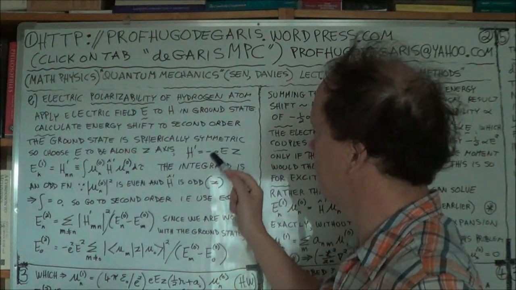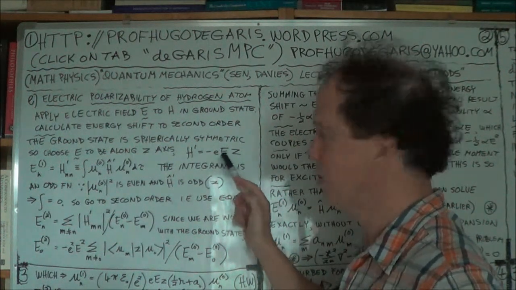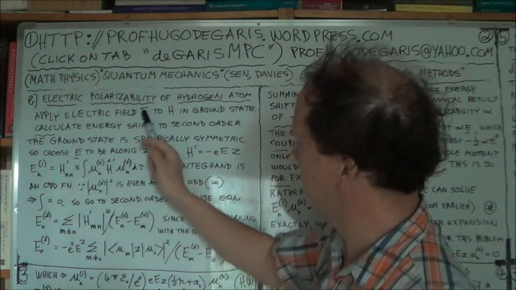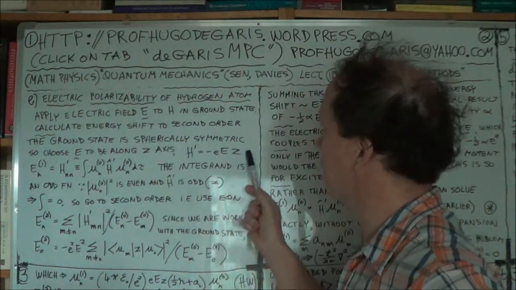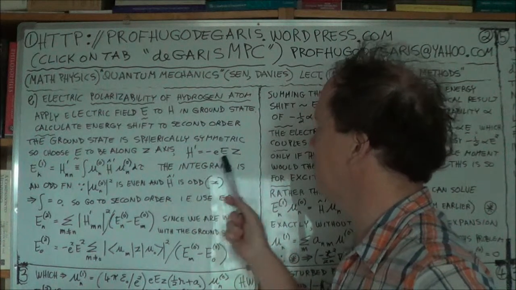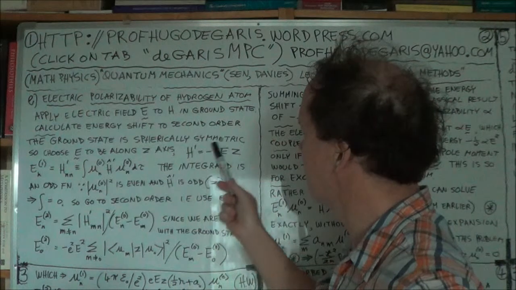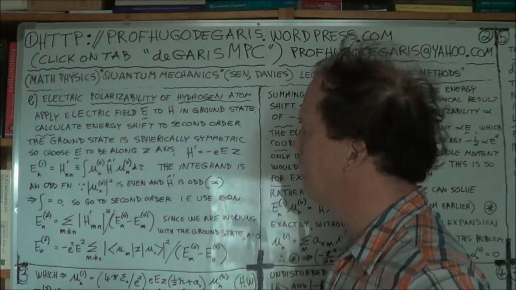So that's your force. e is the charge on the electron. E is the electric field that you're given. And z, to make it a unit of work. Potential energy is like force times distance. We talked about that a bit before. Okay, so that's the perturbing Hamiltonian.